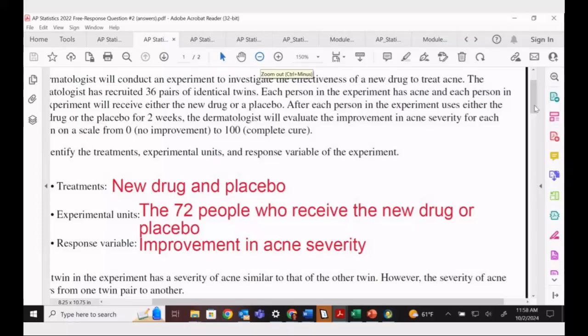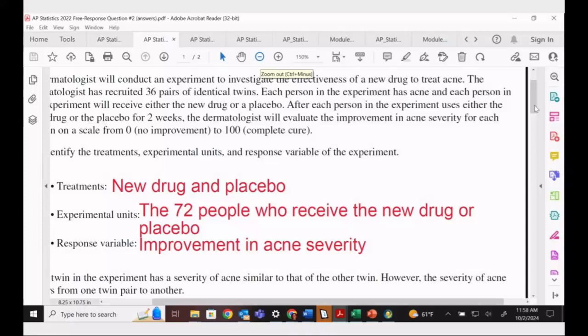But one of the things that I saw when I personally was grading students' work on this question was we would get acne severity as the response variable. That is not the response variable. The severity is not the response. It's how much did it change? What was the improvement? The final minus the initial. Similar to what we did with the Diet Coke.